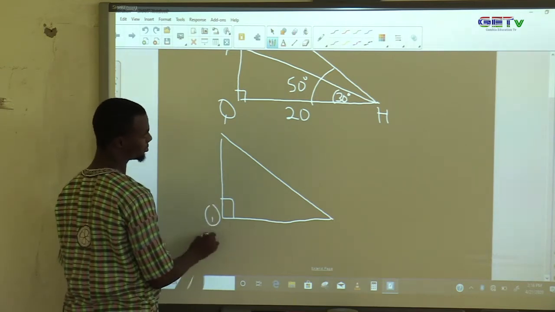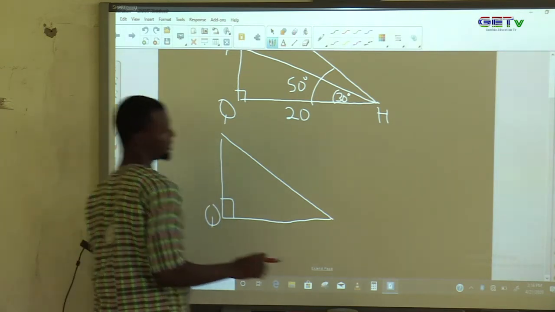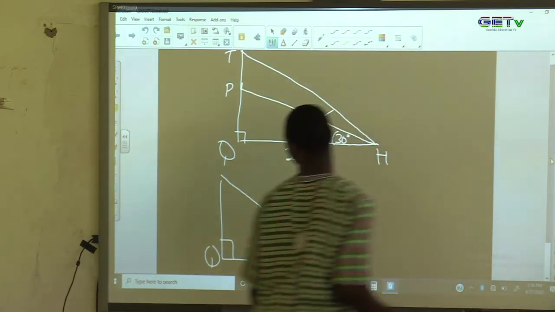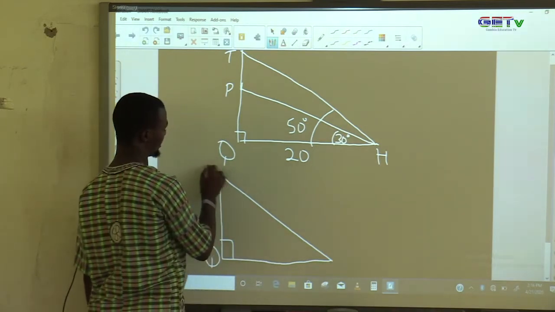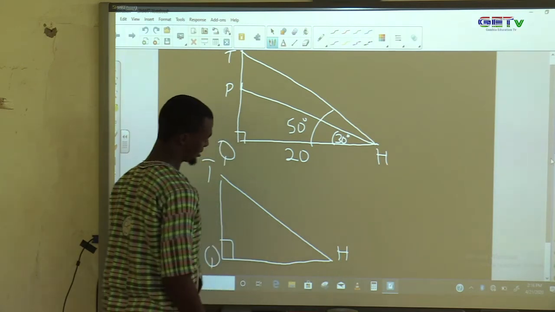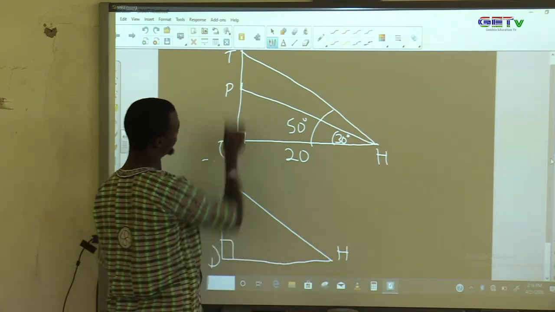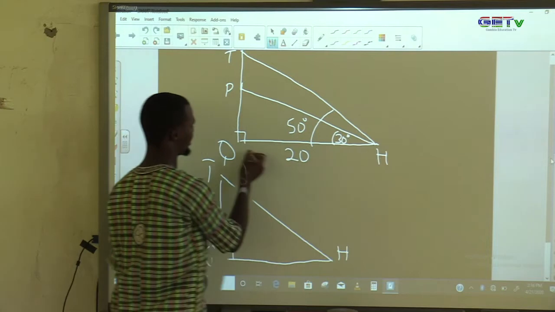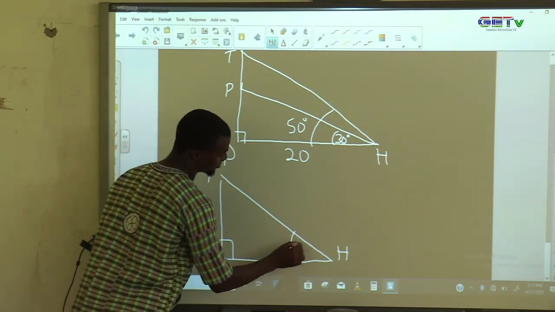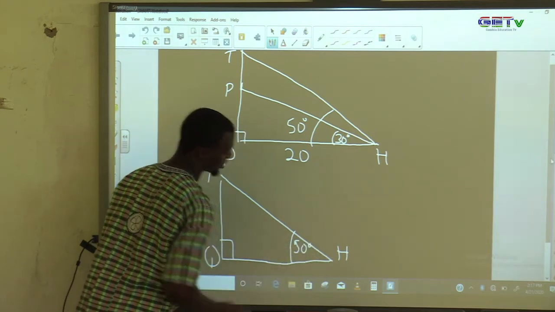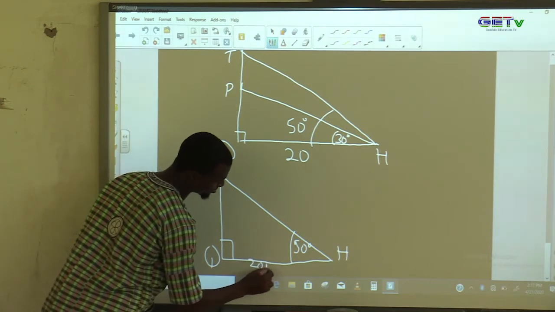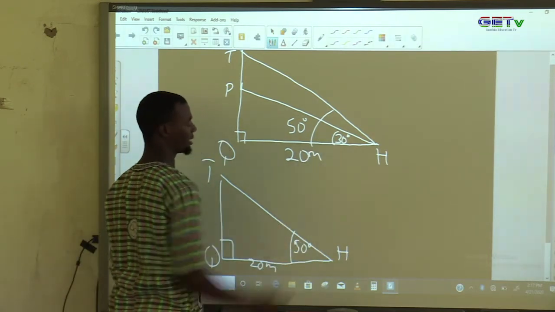Here is Q, this is T up here, then here is H. We have the angle THQ. That angle is 50 degrees. The distance is 20 meters. Here is also 20 meters.